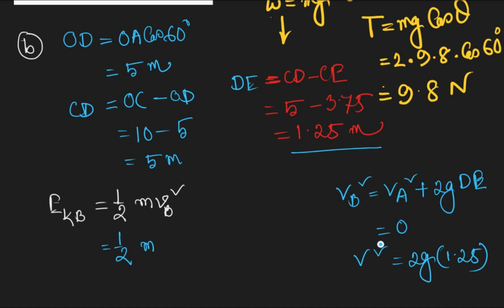Now half mVB square means half m times 2g times 1.25. So the 2s cancel out.